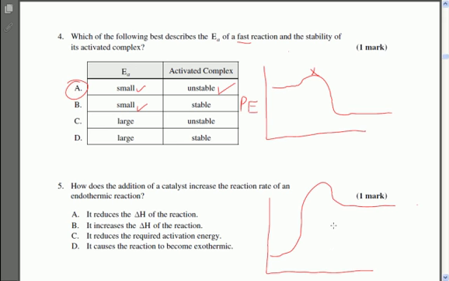Now, how a catalyst works is a catalyst provides an alternate pathway or reaction mechanism that requires a smaller or less activation energy. So let's draw our catalyzed reaction in here.